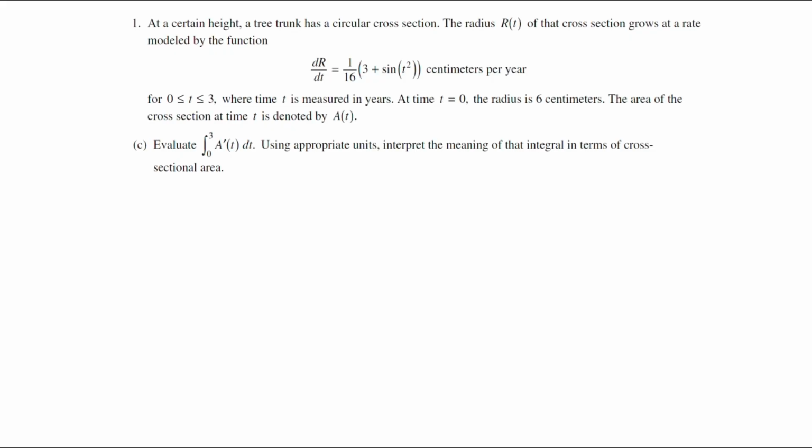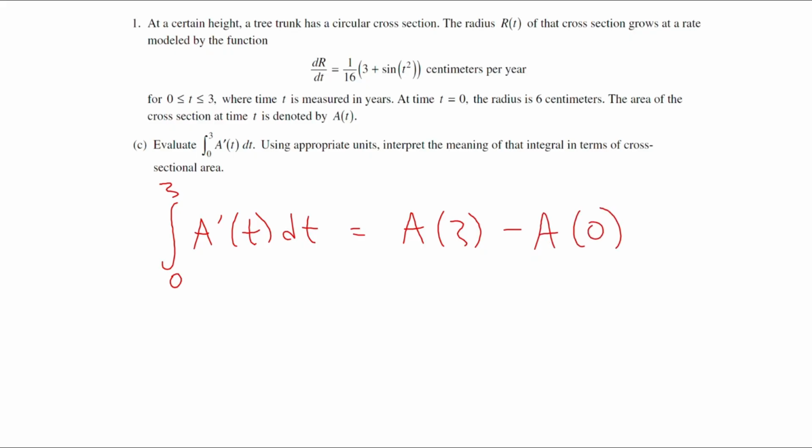In part C here, we're going to evaluate the integral from 0 to 3 of a prime of t dt. Well, that should just equal a of 3 minus a of 0.